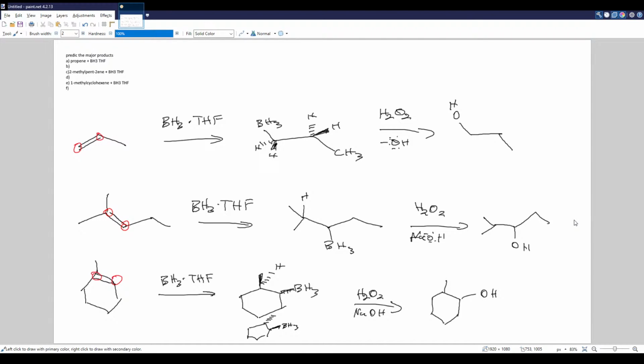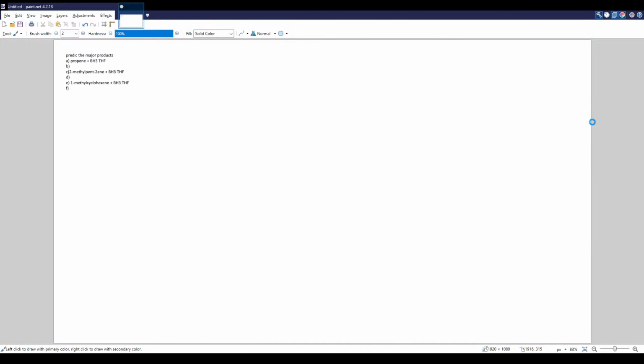We can have the enantiomer like this. So yeah, that means that we're going to get the enantiomer as well. Okay. So there's that problem done. Next problem.